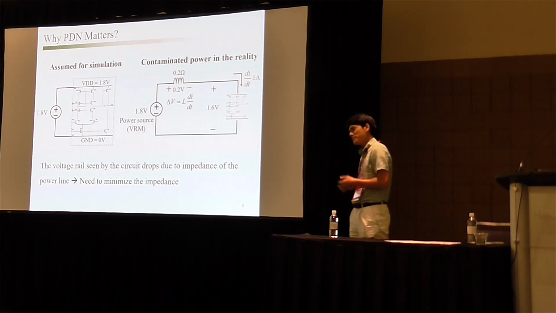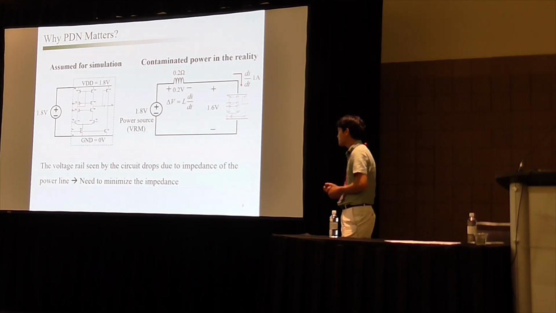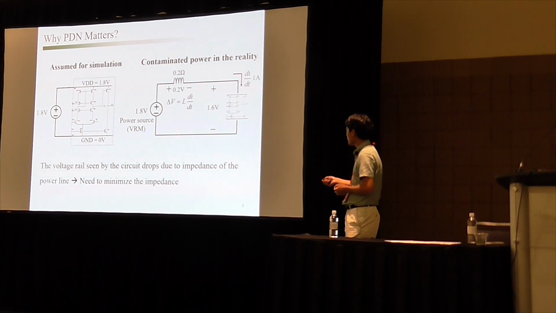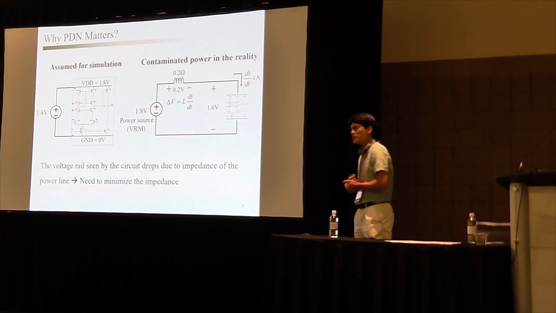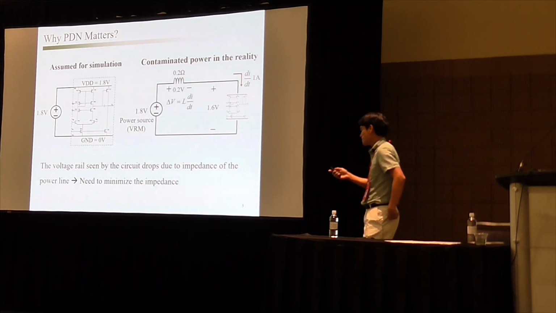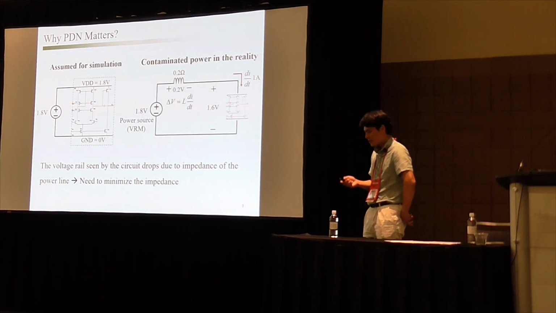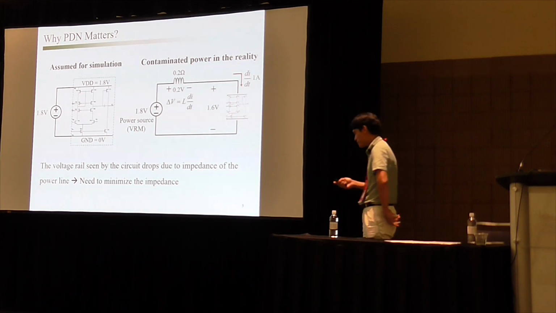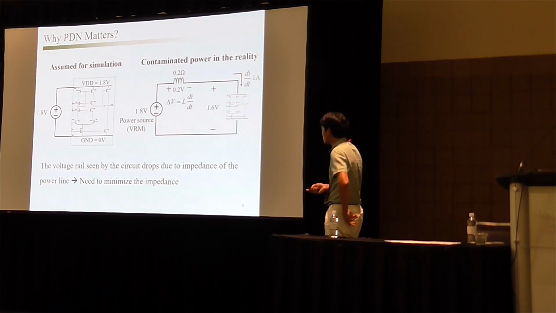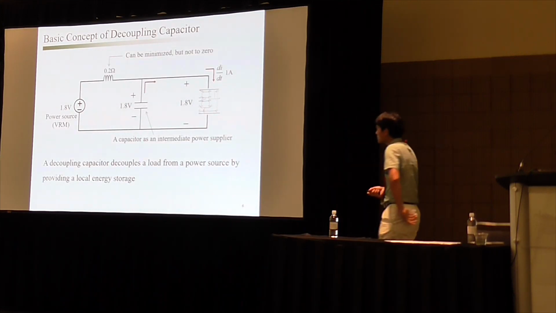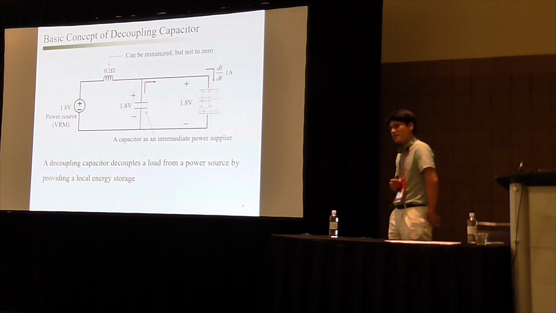Of course, it's impossible in reality. You may make a 0.001, but this impedance is from the VRM to your IC. That is also impossible. And then if possible, that will cost a lot of money, which engineers or your manager doesn't like. So here come the decoupling capacitors.